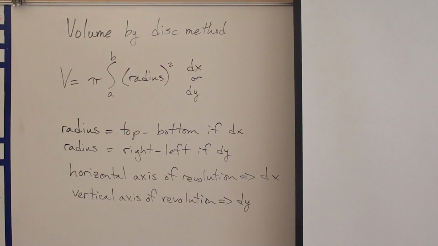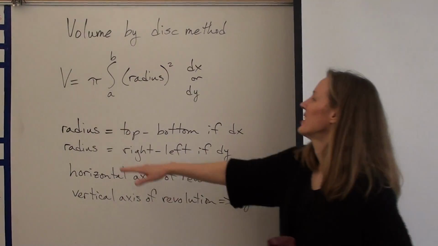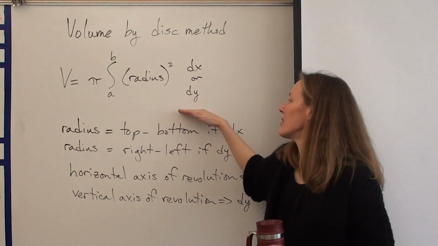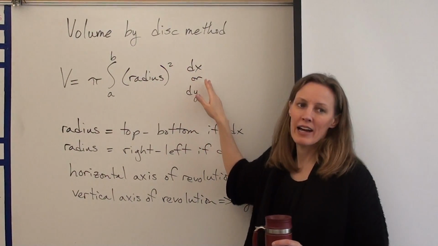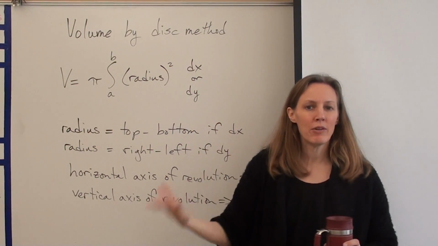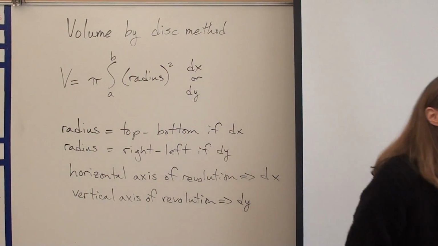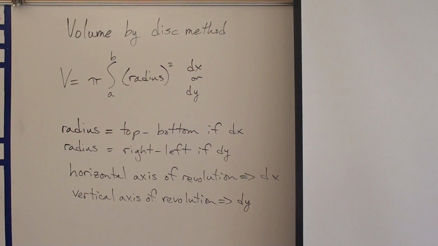Okay, so anyway, let's break apart this formula for volume. Volume is pi r squared dx, or dy. Does anyone know the formula for the volume of a cylinder? Pi r squared h.